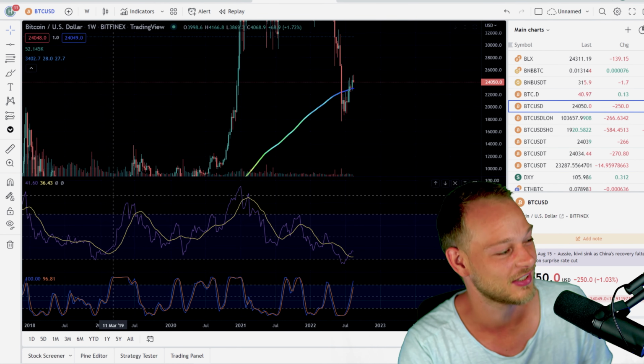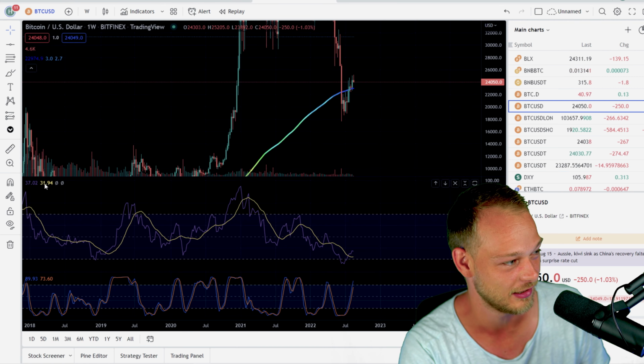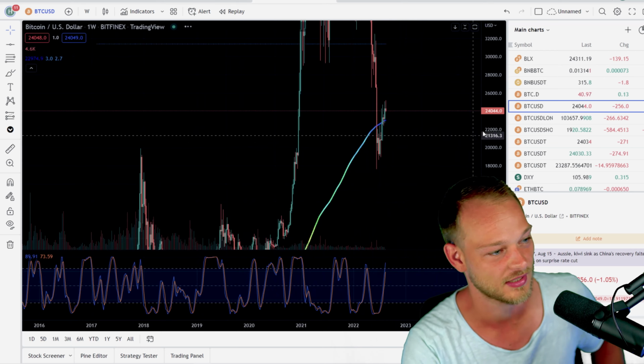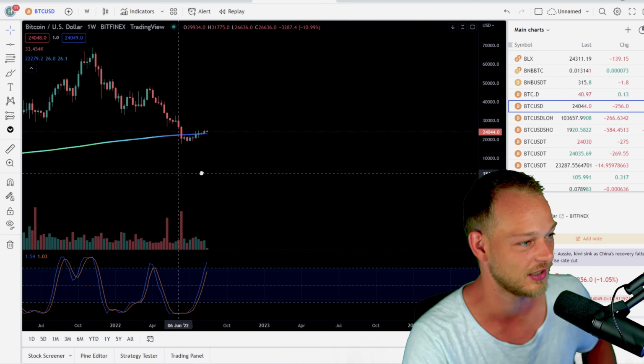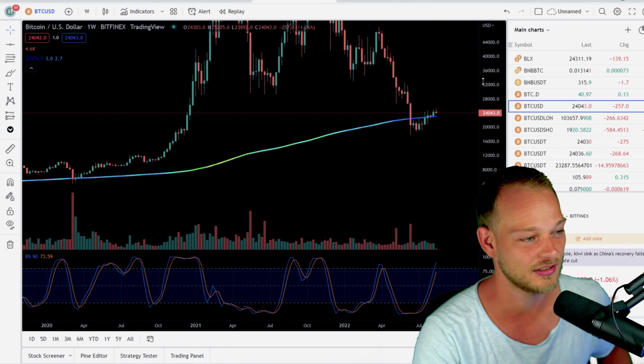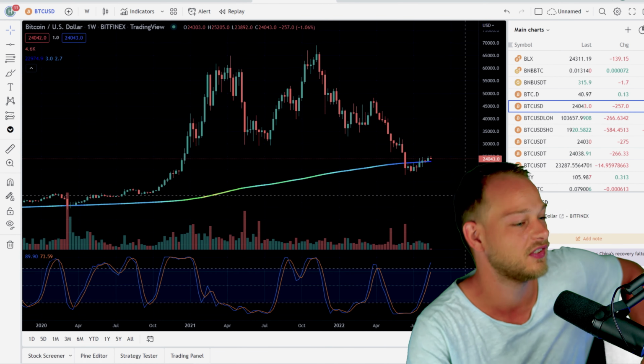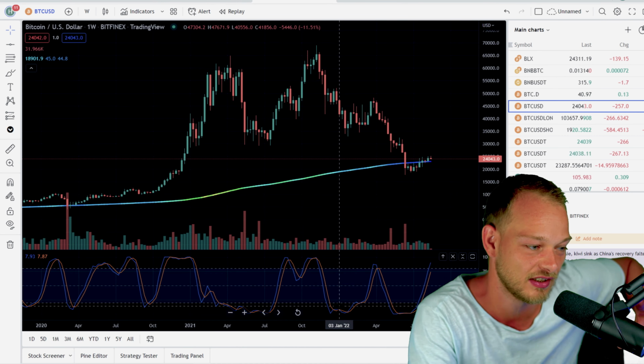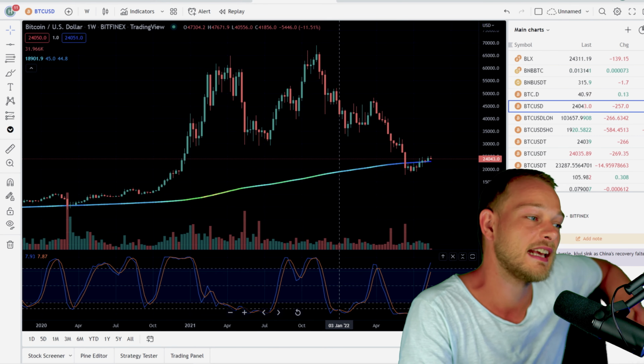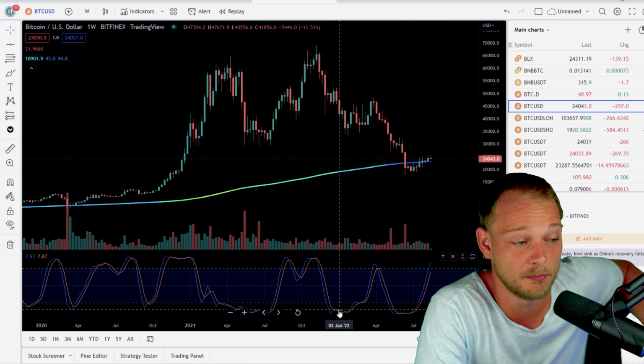Now, especially with the stochastic RSI, so let me remove the RSI for a second, and let me pull up the stochastic RSI on the weekly. This is a really good indicator for when you should buy or when you should sell, basically, because every time the stochastic RSI is in this area right here, it indicates that it's a good moment to buy something, right?